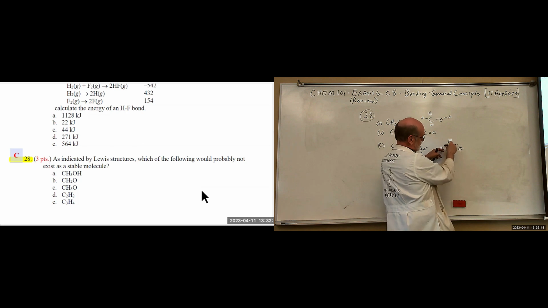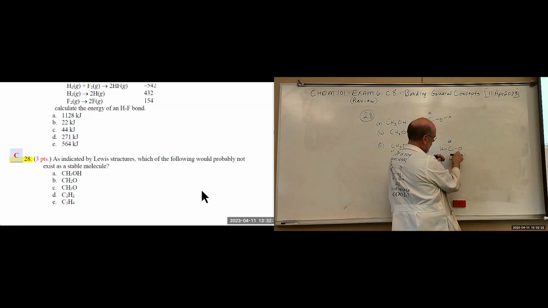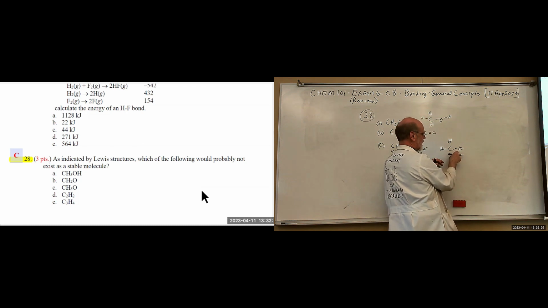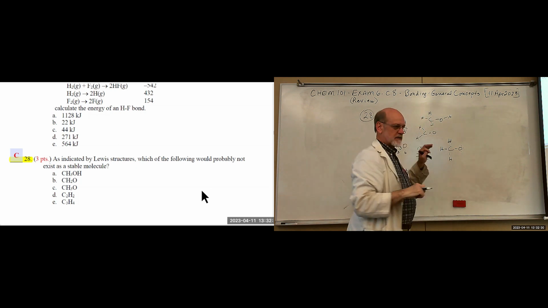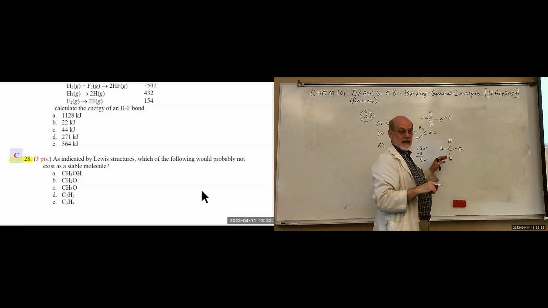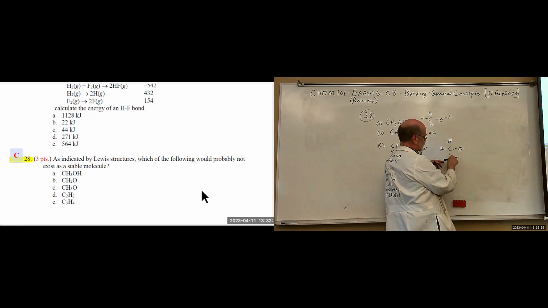Well, these guys are happy. They got their duets. Carbon's got an octet. Oxygen doesn't have an octet. It's not going to get one because it needs another electron. So if we do the formal charge for these, that'll give us some more information. These go in with 1 and they get 1 back, so they're all zeros.